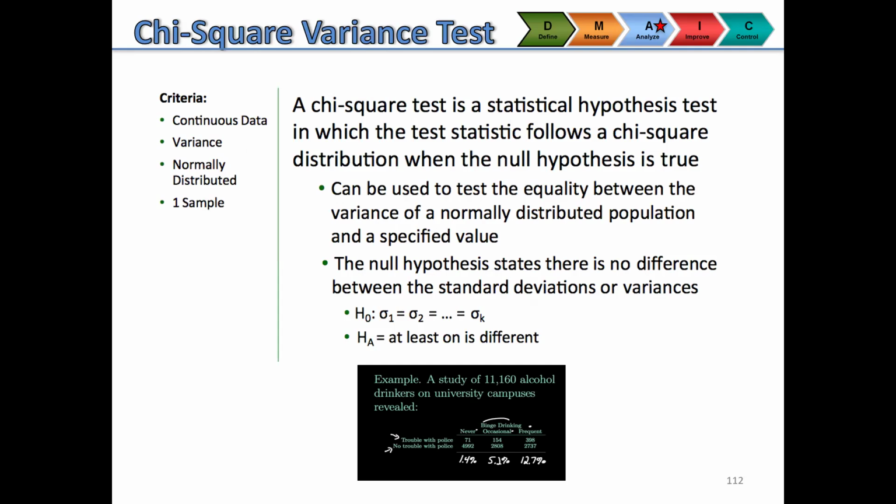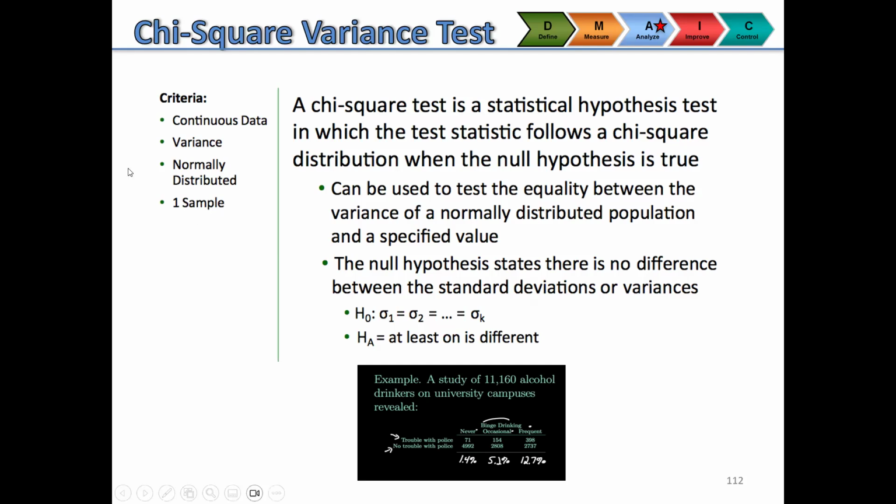So if you look down the bottom there, if you add up no trouble police, 11,160 people, alcohol drinkers have been looked at. And all I want to know there is, is there a link between frequent binge drinking and trouble with the police? There's a formula.